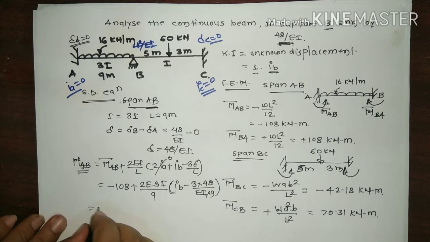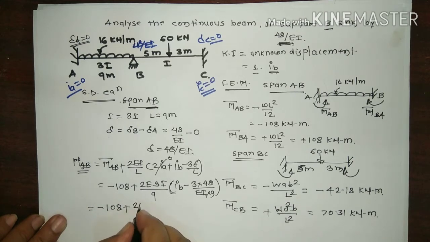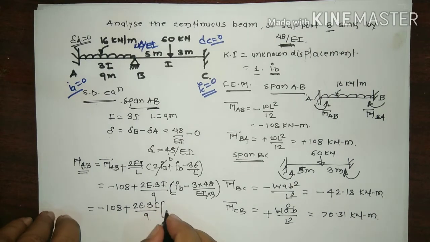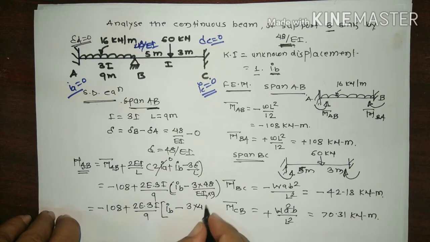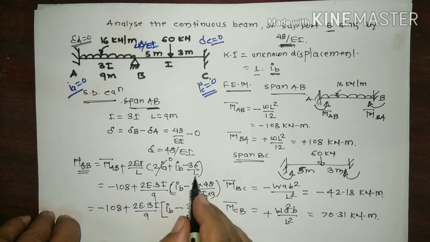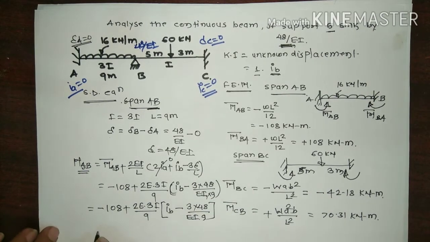So if you rewrite here, minus 108 plus 2E into 3I divided by 9 in bracket, θA is 0, so this is θB minus 3 delta, here 48 divided by EI, like this, L is the 9 in this way.